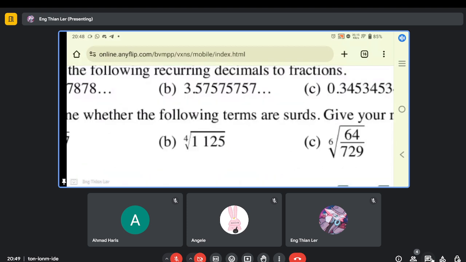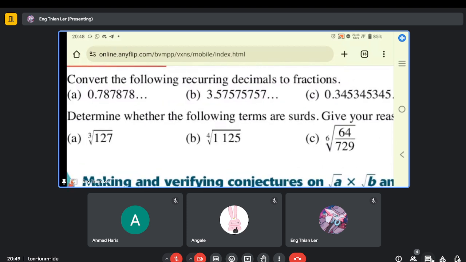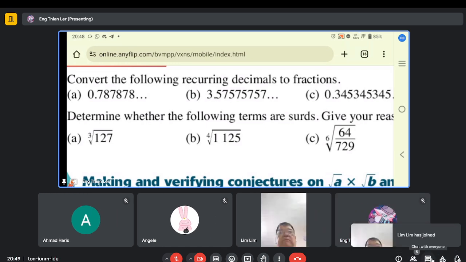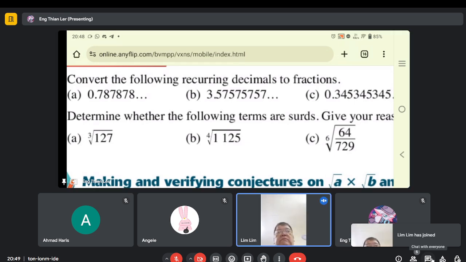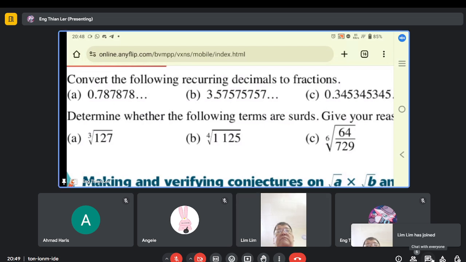And then for B, you can type it in the calculator. Like 1125, and then press the hex one, or you can shift. You can try a hex, and then 1 over 4.